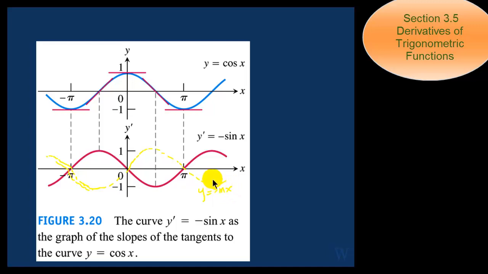And of course, if we reflect it about the x-axis, then we'll take the negative of sine of x and we get this curve. So graphically, we have shown that the derivative of cosine of x is equal to the negative of sine of x.